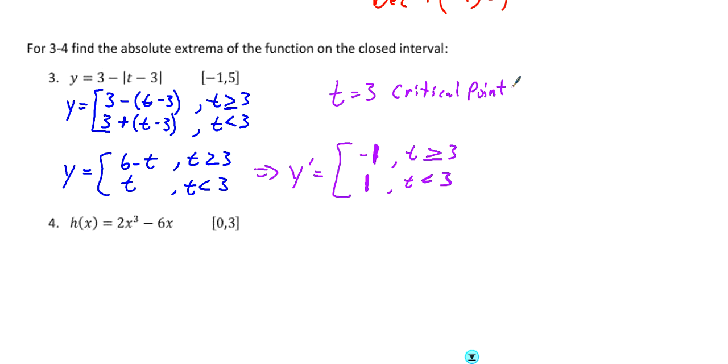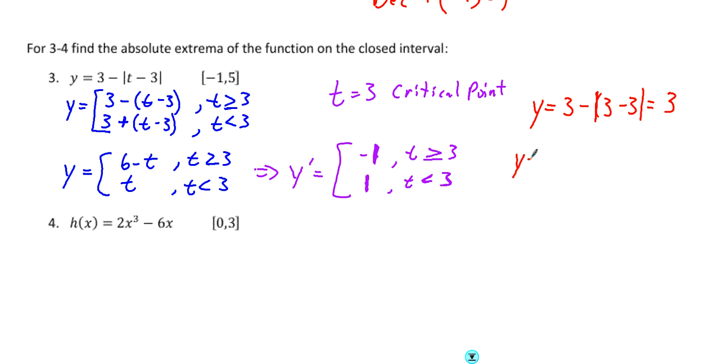But since we're looking for absolute, we also have to test our endpoints. So first we're going to put in -1. Or we could do 3. When we plug in 3 into our equation, 3 minus the absolute value of 3 minus 3, you're going to get 3.